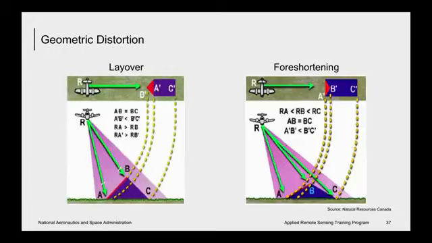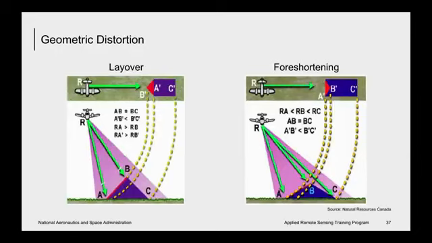Layover occurs when the radar beam reaches the top of a tall feature, as seen on the image on the left. The top of this tall feature is B, and the signal reaches the top before it reaches the base, which would be A. The return signal from the top of the feature will be received before the signal from the bottom.